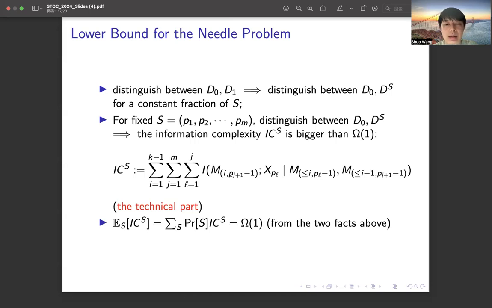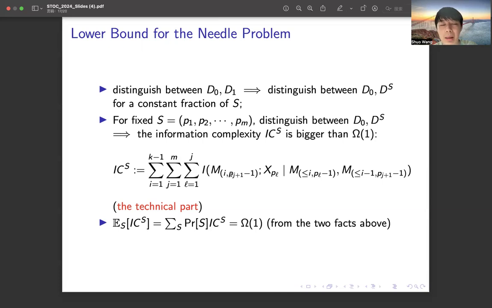Here, ICS is defined by the following statement, and intuitively, ICS is the mutual information between the transcripts whose positions are near S and the data input at those positions lying in S. And the intuition behind this statement is that the differences between D0 and DS only lie in the coordinate set S, because in the coordinates not in S, D0 and DS both follow the uniform distribution.